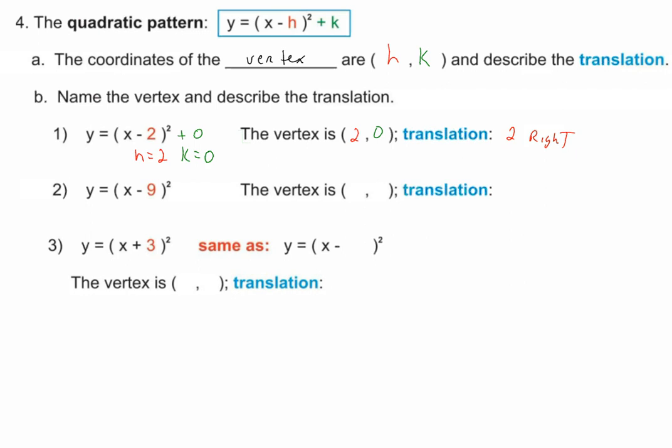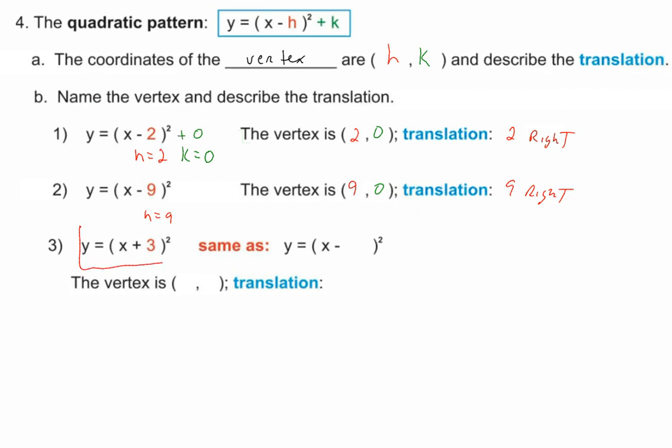Second is similar. Again, we notice that the h is a 9. The k again is a 0, so the vertex is at 9, 0, and so we are 9 to the right. Okay, pretty simplistic. We're just reading h and k. Now, be careful with 3.